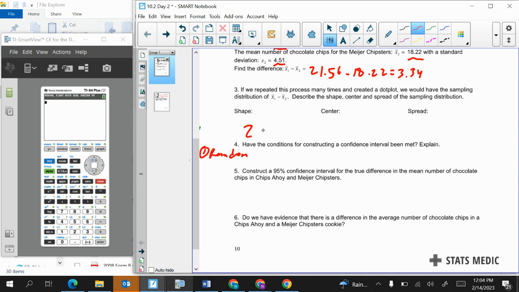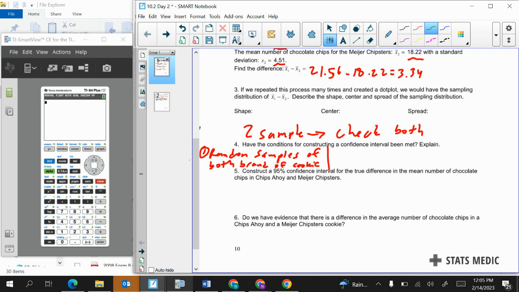And since it is two sample, we need to check both. So, random samples of both brands of cookie. Okay. So that's the first thing.